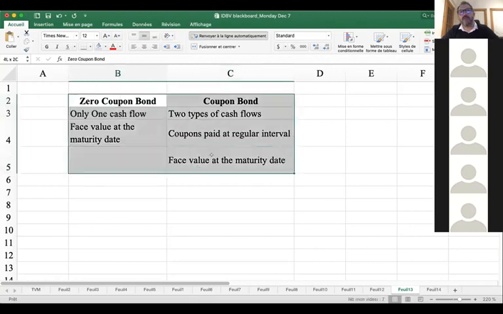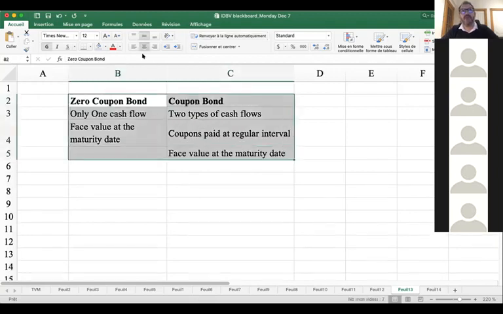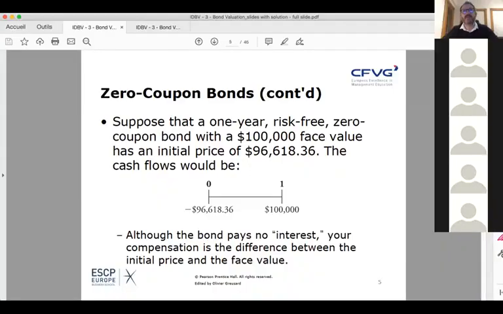So the main difference between the two, and I think this was the question of the person yesterday just before leaving, is the cash flows included in the timeline, which is different. So this is something we can say about this. That being said, we were actually discussing the zero coupon bond.